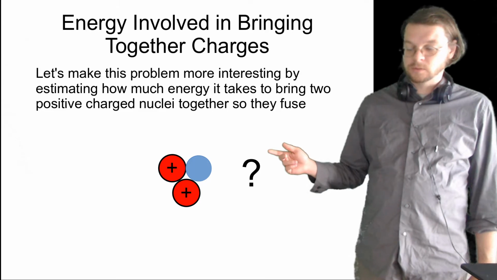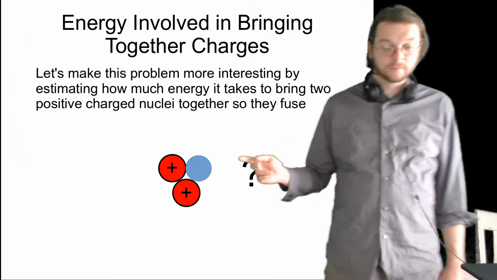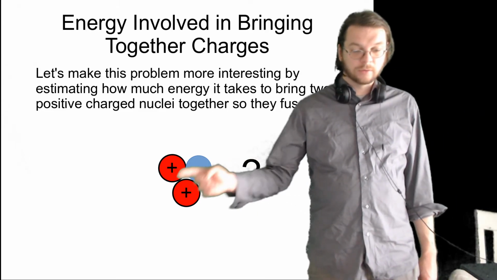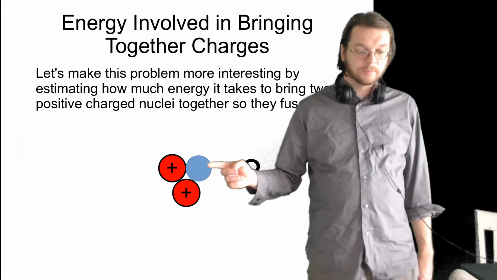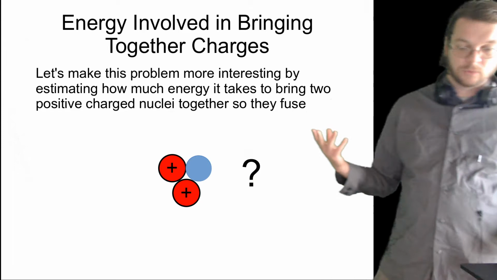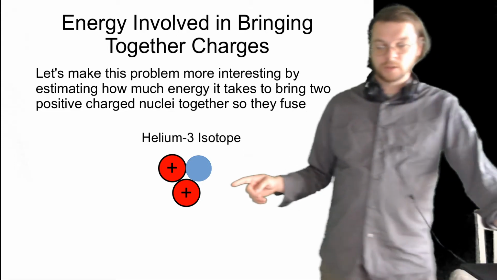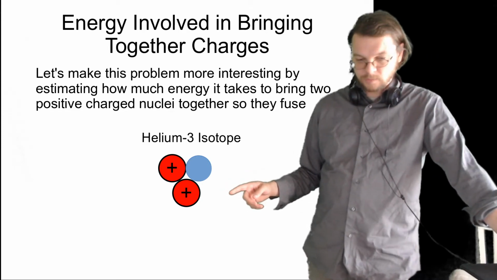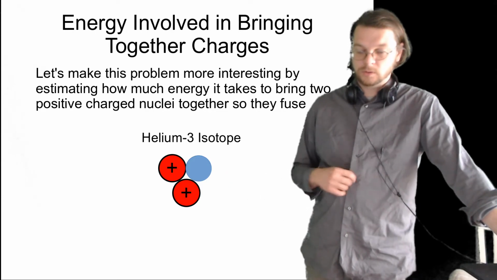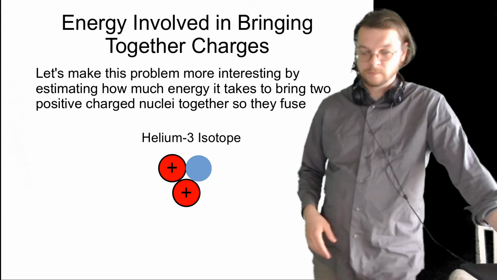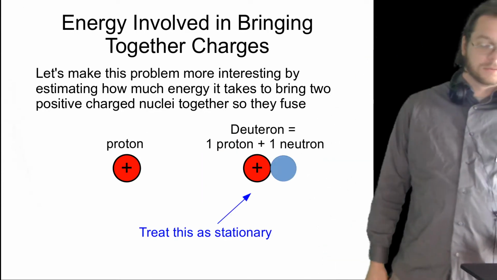On the periodic table, atomic number 2 is helium, but there are only 3 nucleons here. There are 2 protons and a neutron, so instead of being helium-4, this is actually helium-3. Helium-4, the most common form of helium, has 2 neutrons and 2 protons. Anyway, they fuse together to make helium-3. There you go, a fun little bit of trivia.